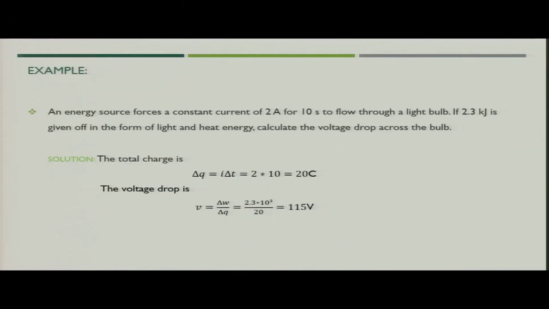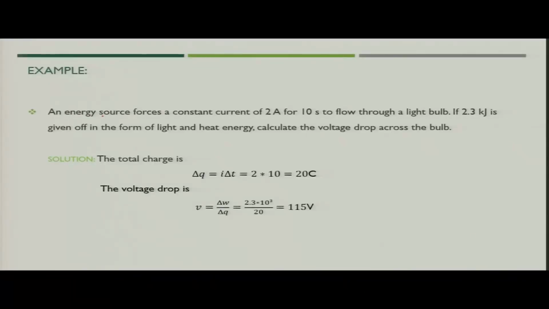Now, let us take an example so that you can better understand the concept of power and energy. Suppose the question is given like this: an energy source forces a constant current of 2 ampere for 10 seconds to flow through a light bulb.